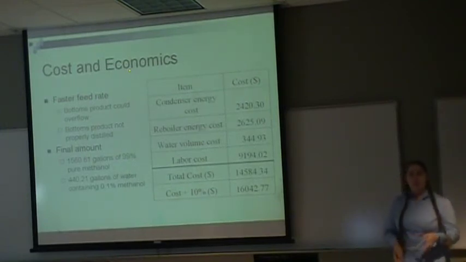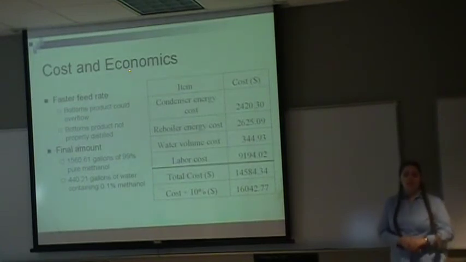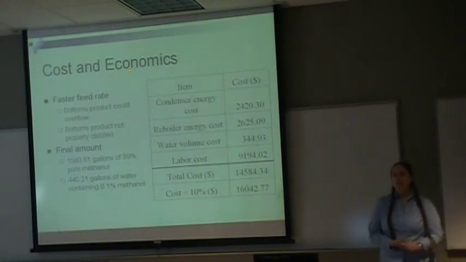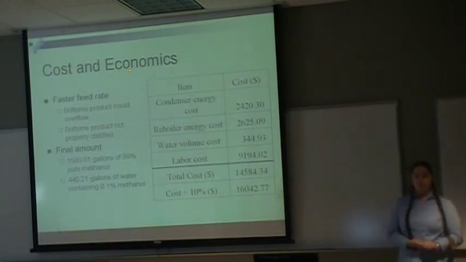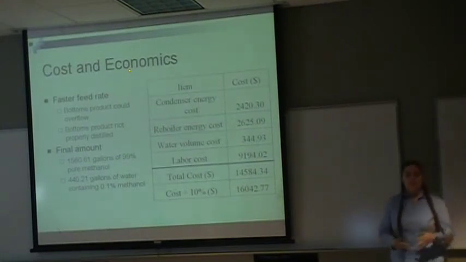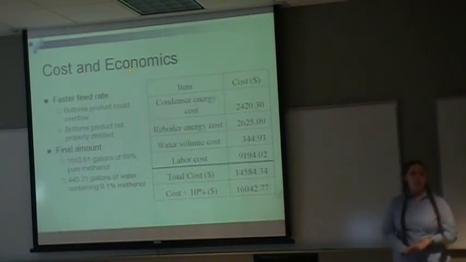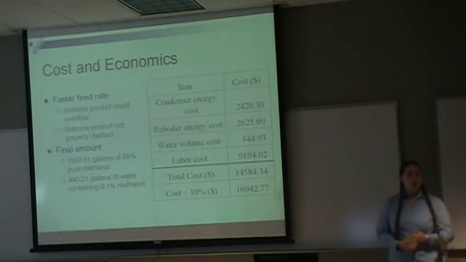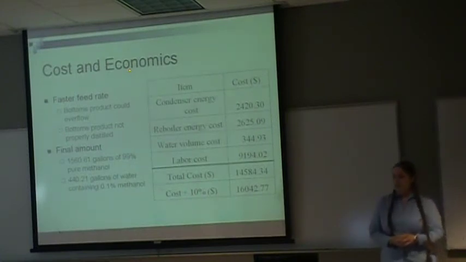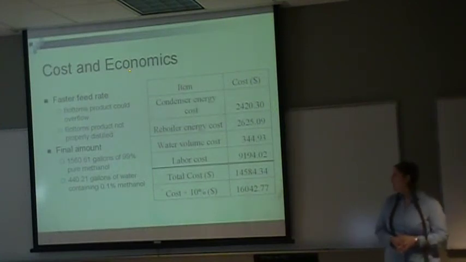And then the cost of labor for the student pay was $9,194. That brought our total cost to $14,584. And then we add 10%, just to be on the safe side, we never know what's going to happen, or if it takes slightly longer, or the cost of the extended tubes to get to the feed containers, and we end up with $16,042.